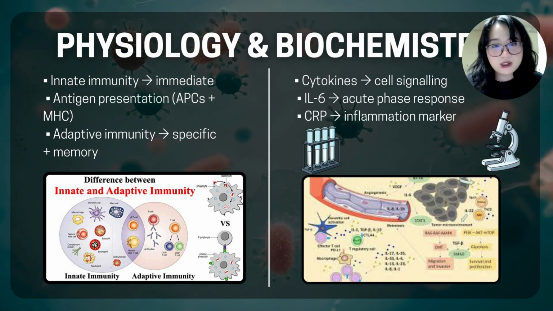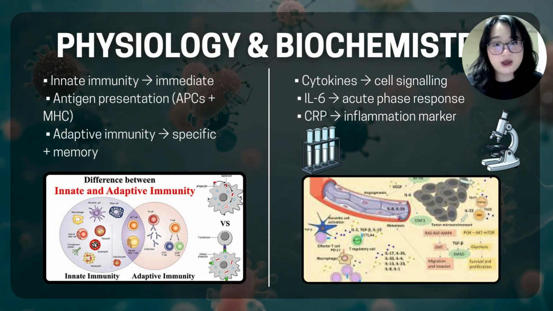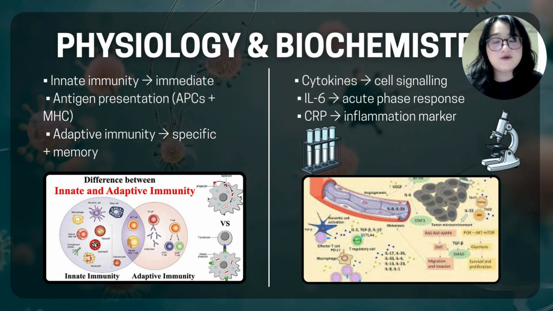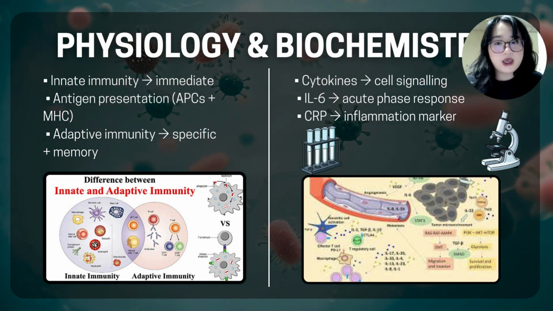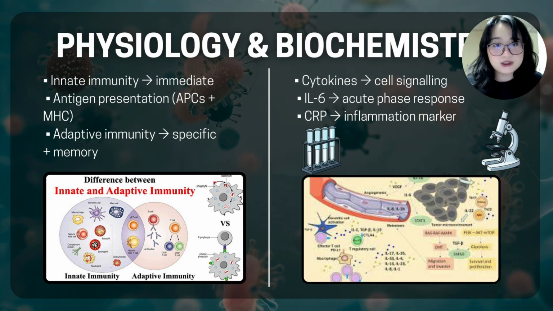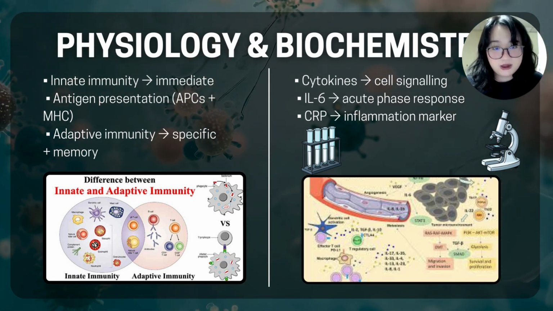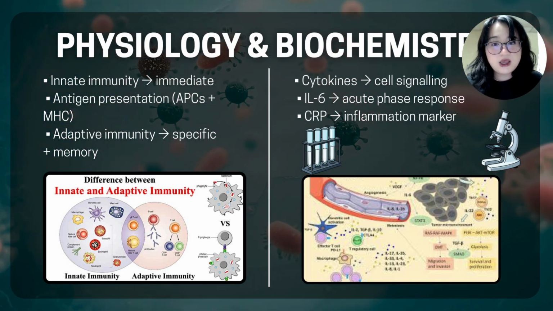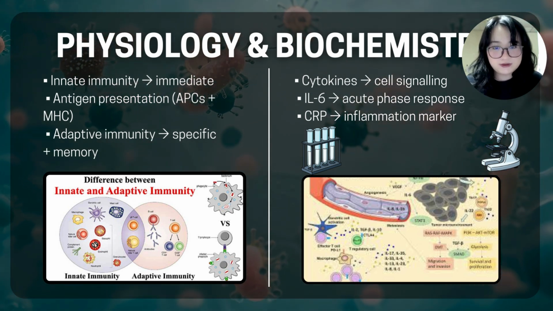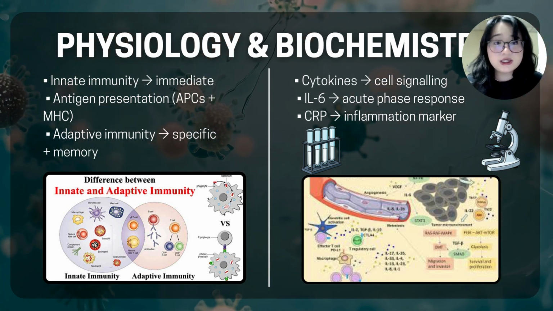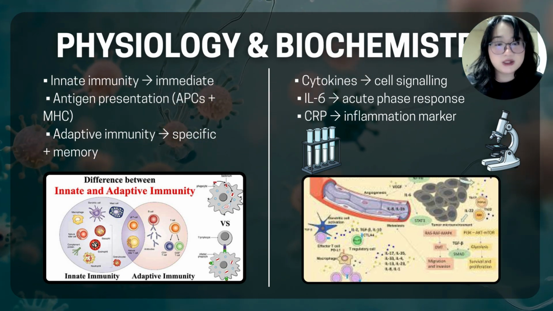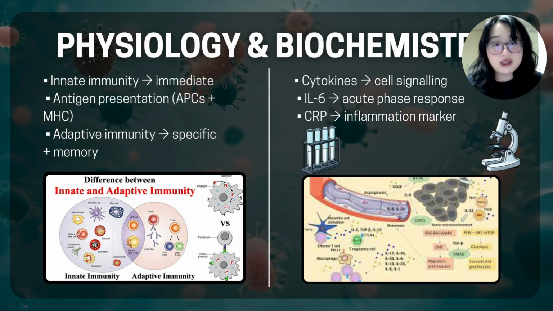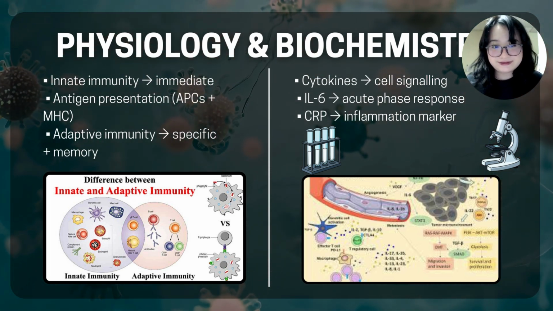One important example of a type of cytokine is interleukin 6, which stimulates the liver to produce acute phase proteins, such as C reactive protein, which is commonly used in clinical settings as a marker of inflammation. So, this integration of physiological and biochemical signaling ensures that the reactions are not only effective but also regulated.